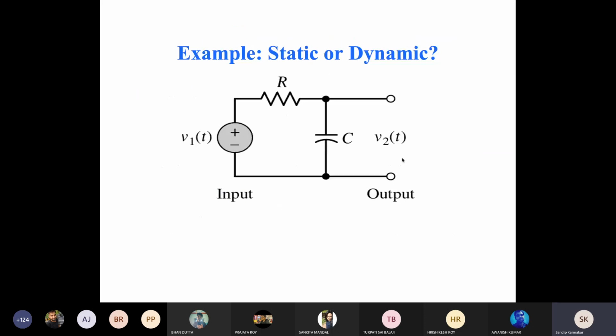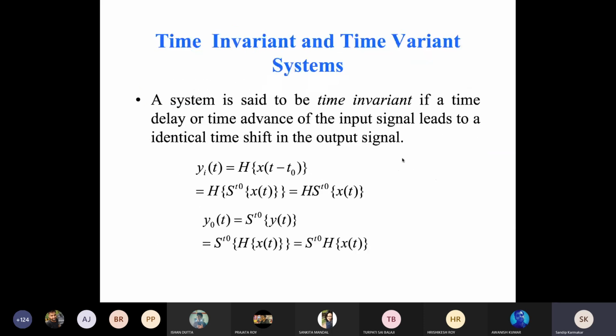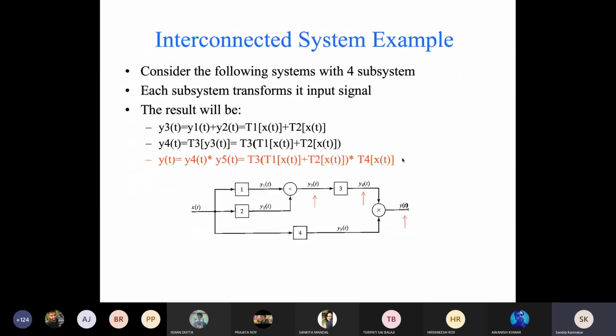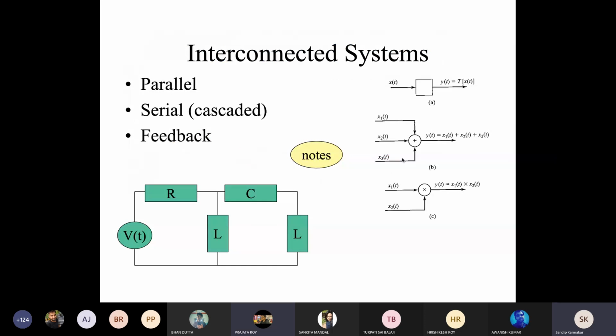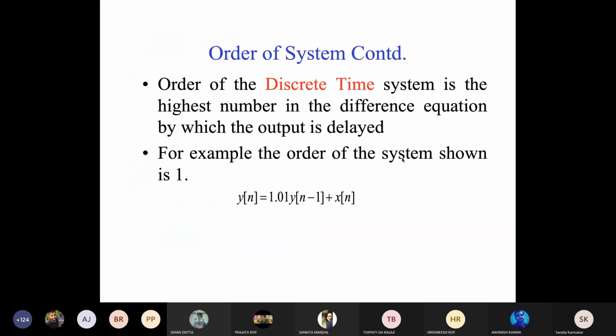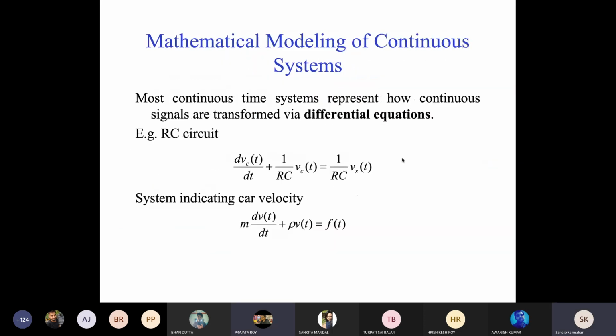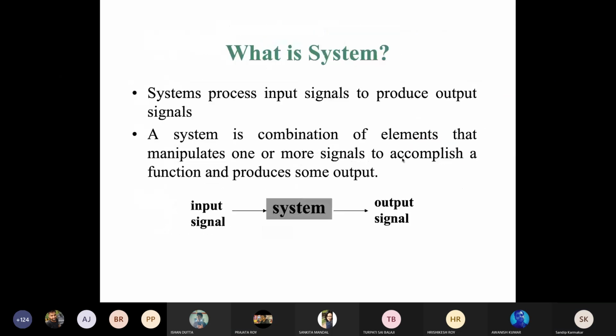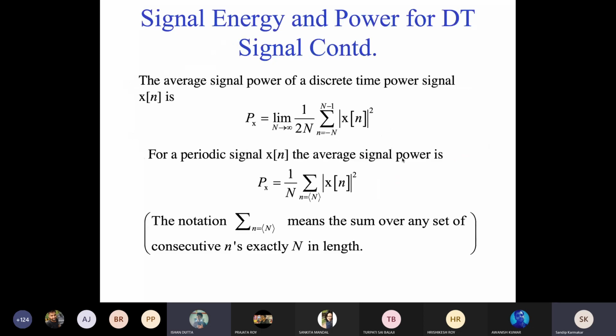So that's actually there in this slide, all of this. Now, do you have any questions? Anybody has any question from this slide?